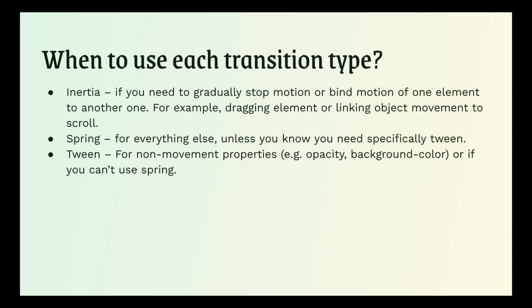But if you are animating something simpler like opacity or background color, tween tends to work just as fine as spring, so you can use it. It might be a bit easier to set up because you don't need to play with three separate parameters. And in some special cases, you actually need your animations to look robotic and kind of linear. That's when you reach for tween with linear easing.